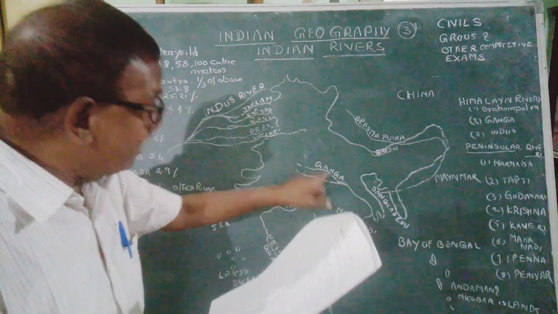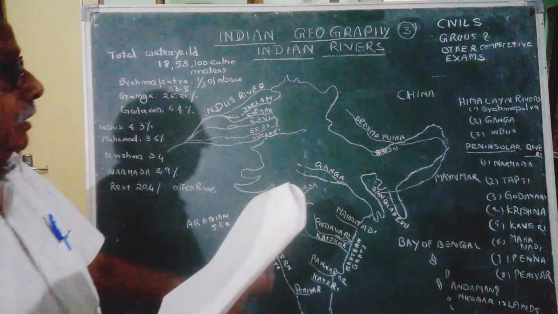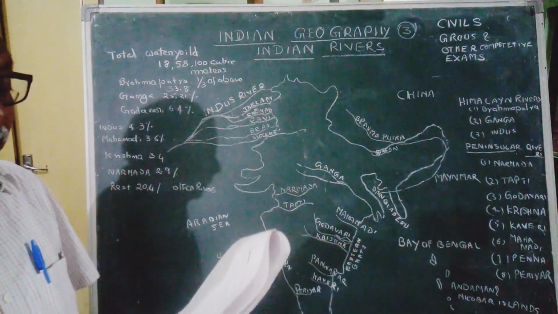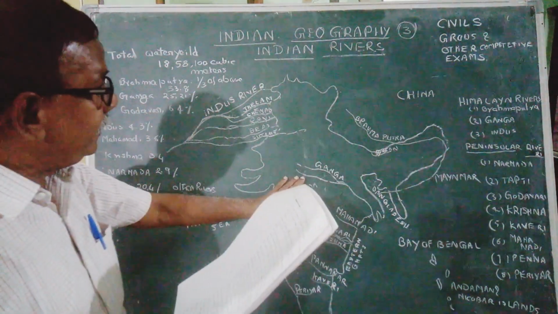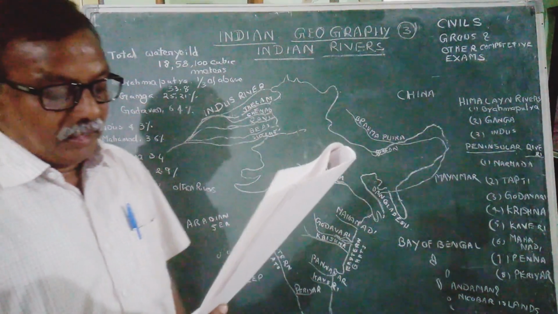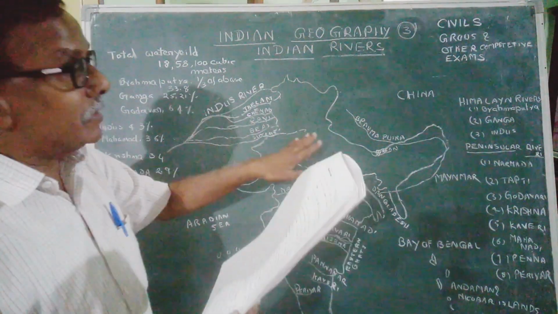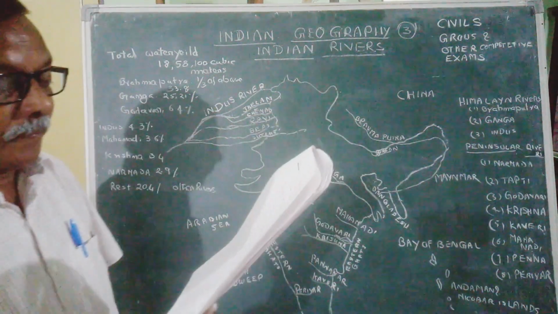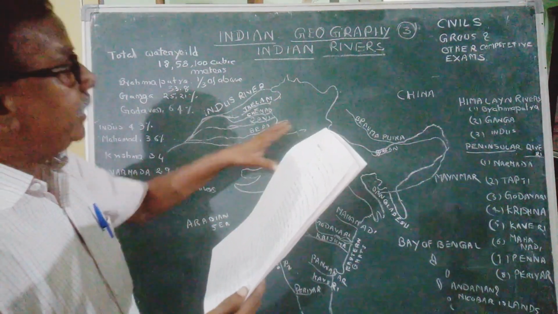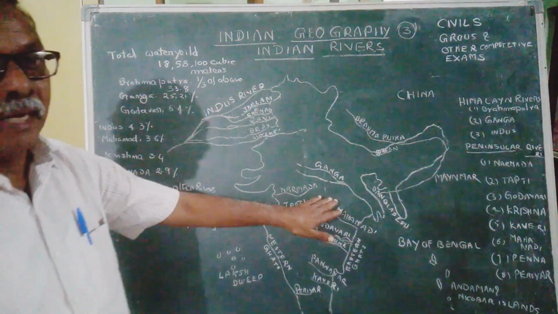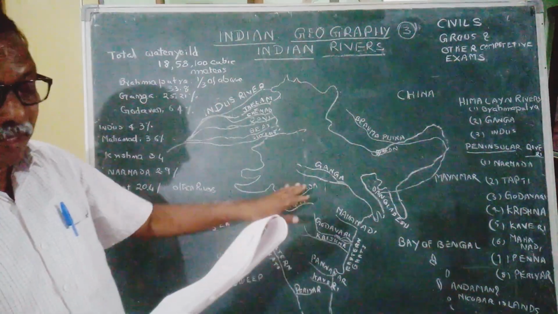It is formed by the union of two big streams known as Bhagirathi and Alkananda. These two streams are born in the Himalayas and they unite at a place known as Devaprayag, and hence the name Ganga to them.